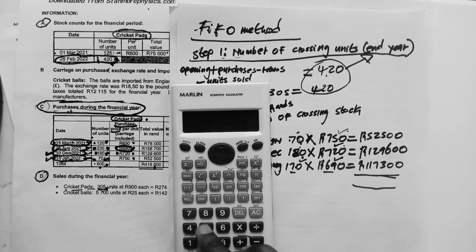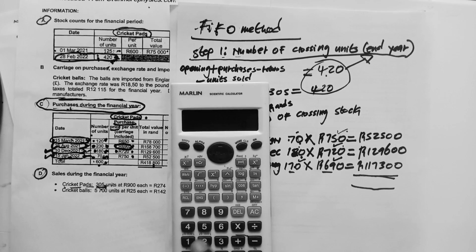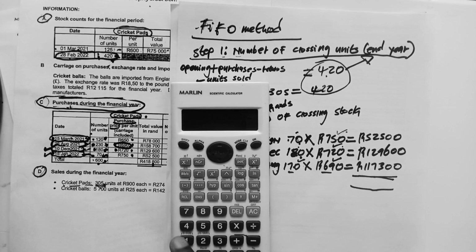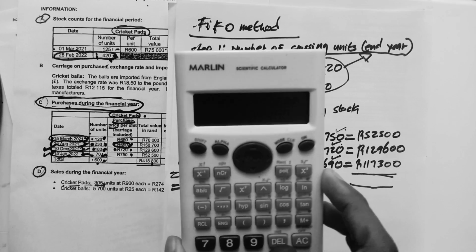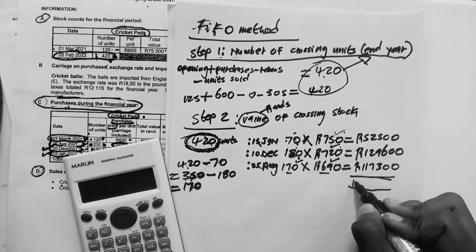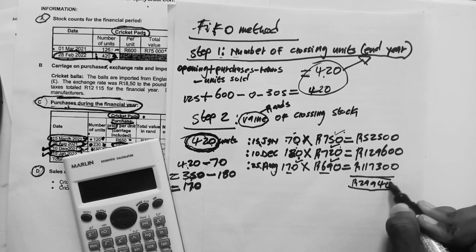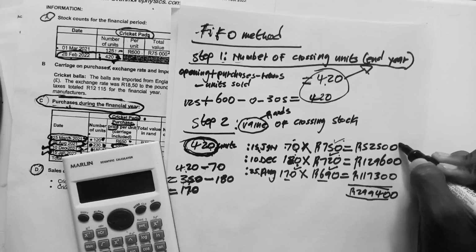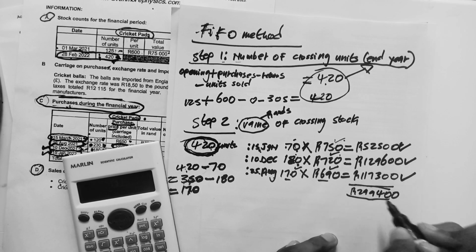So now you're going to totalize. You're going to say 52,500 plus 129,600 plus 117,300. So we're getting how much? We're getting 299,400 on our calculator. When we add this one plus this one plus this one, we get this total.